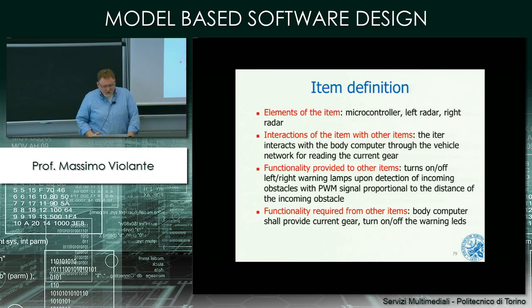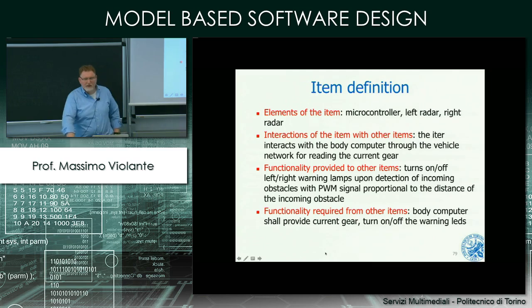This functionality is provided to the vehicle, but you need to have a consumer of that functionality. So who is the responsible for turning on the warning lamp? Well, this is the functionality that the item is requiring to other items. In this case, we are requiring the body computer to provide the current gear and to turn on and off the warning LEDs. So here we define the perimeter, we define the functionalities.